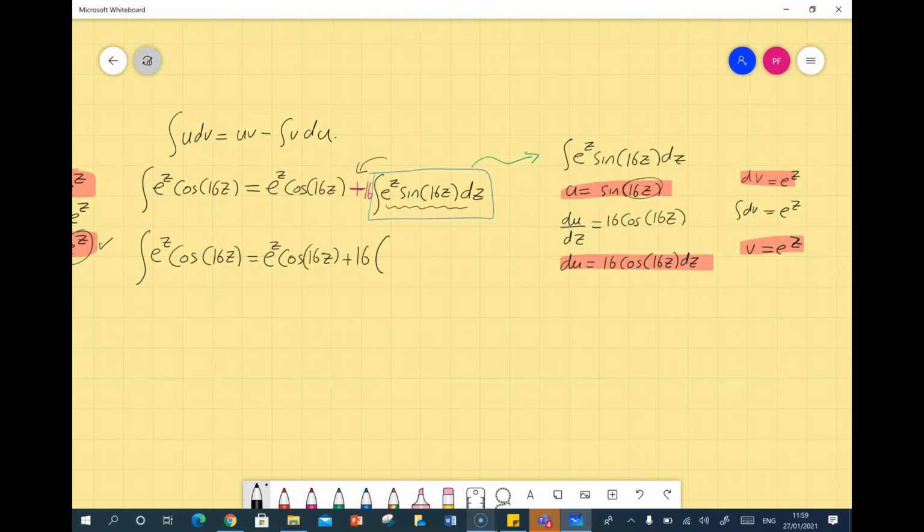So that integral, I'll be following my uv minus the integral of v du. So uv is e to the power of z sine of 16z, minus the integral of, now it's going to be v du.